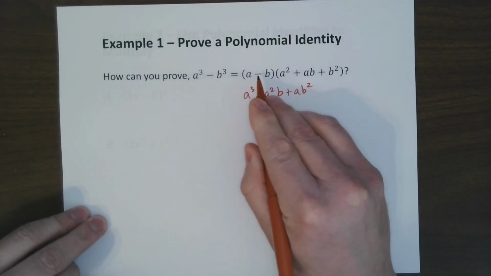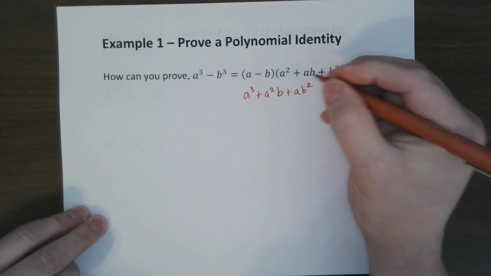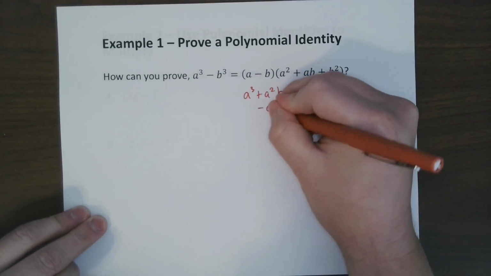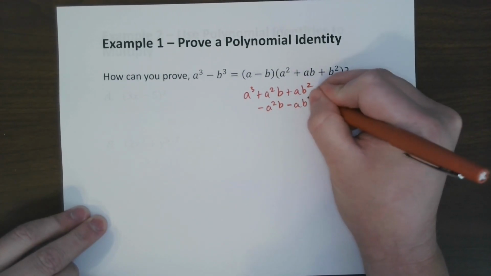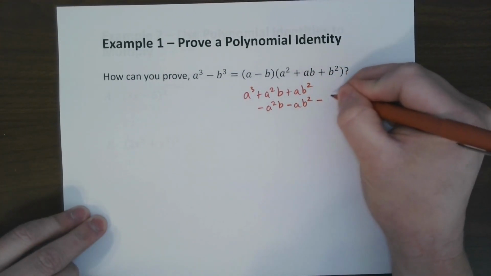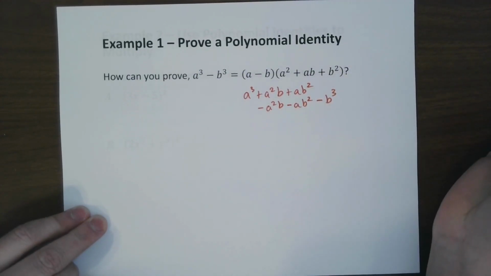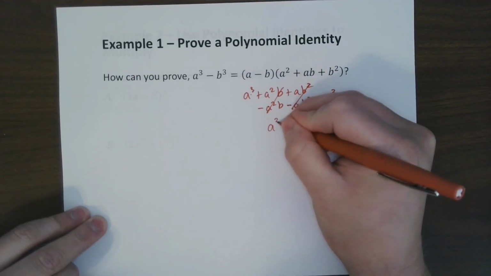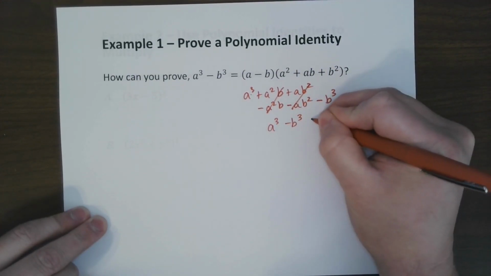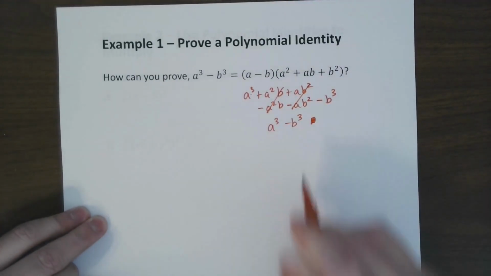Now if I multiply everything by negative b, I get negative a squared b, negative ab squared, and then negative b cubed. If you notice, these cancel out. So you have a cubed minus b cubed. And that just proves that those are true.